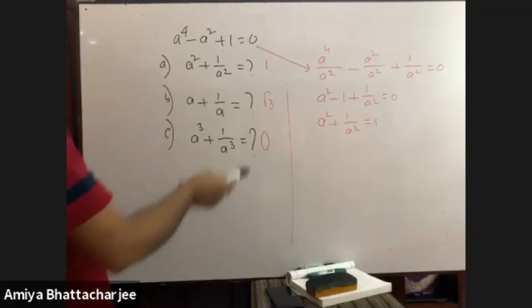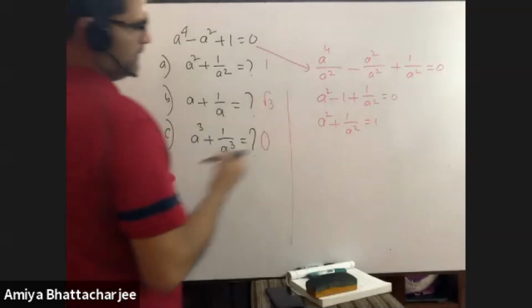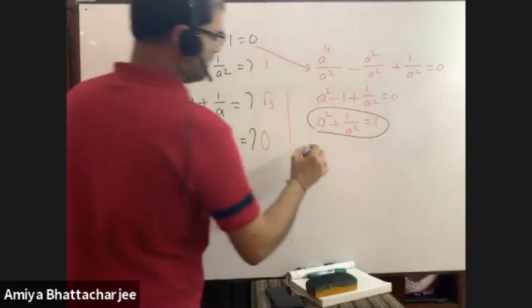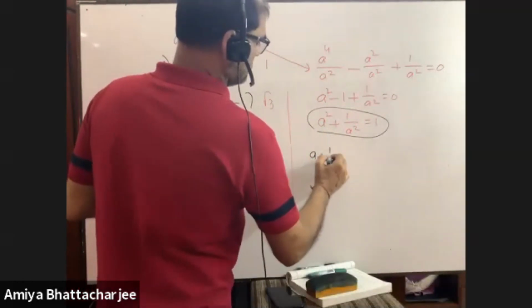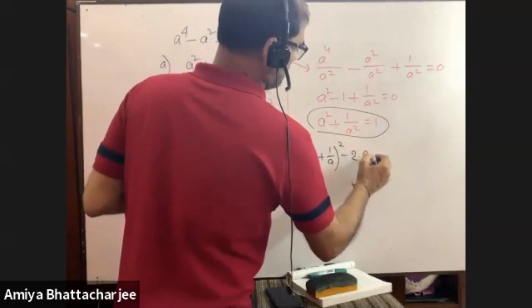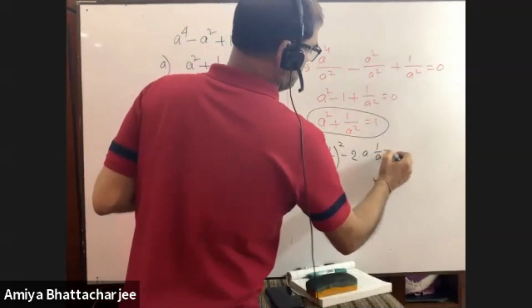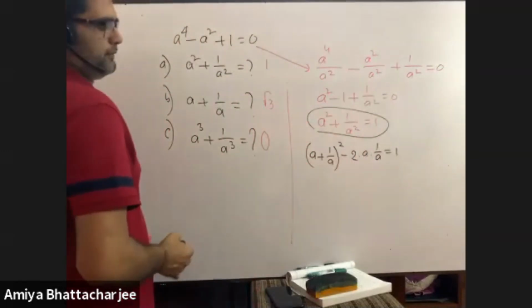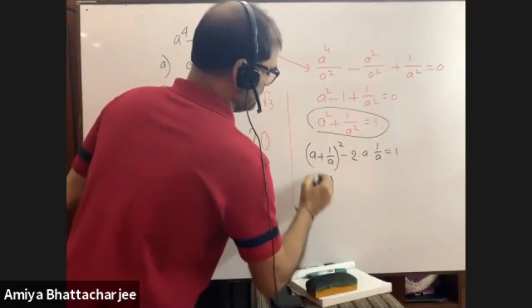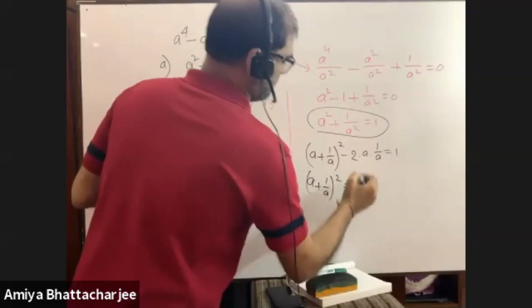Now I think after that you can do a plus 1 by a. This is done; now this is a plus 1 by a. We can write here a plus b whole square minus 2ab is equal to 1. That is a plus 1 by a whole square equals 3.